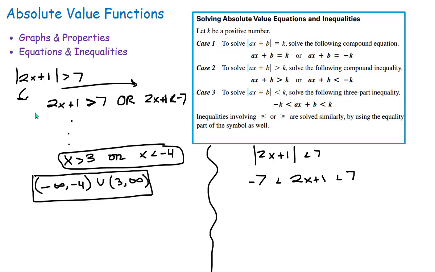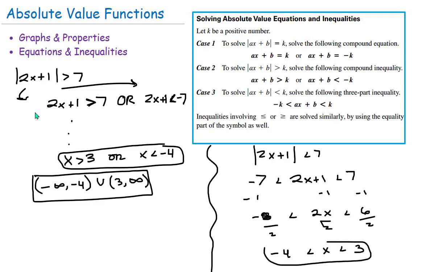Then to solve our compound inequality, we would just work on all three sides at the same time. So we would get negative 8 is less than 2x, which is less than 6. And then just divide, and we get negative 4 is less than x, and that's less than 3. So that would be the solution to this one.